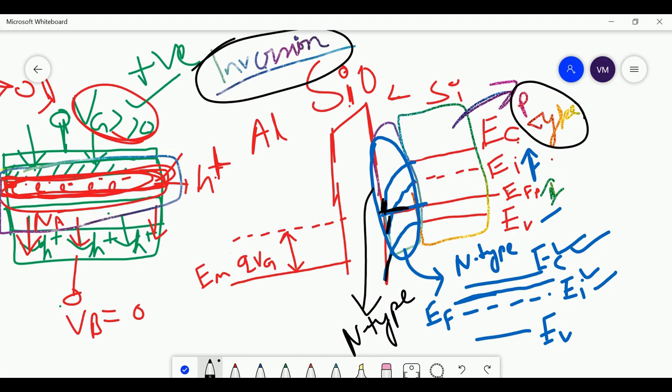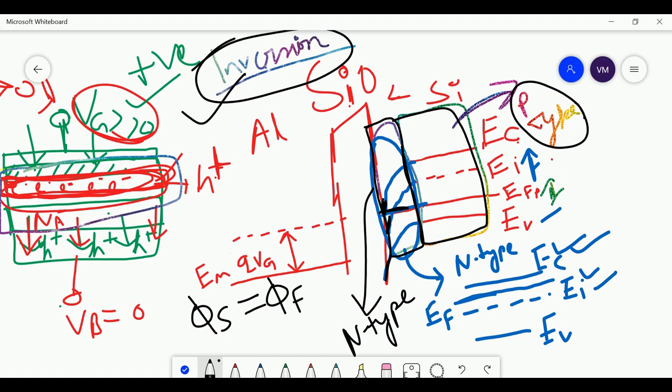This inversion condition appears when the surface potential, which we represent as phi s, becomes equal to the Fermi potential of bulk silicon.